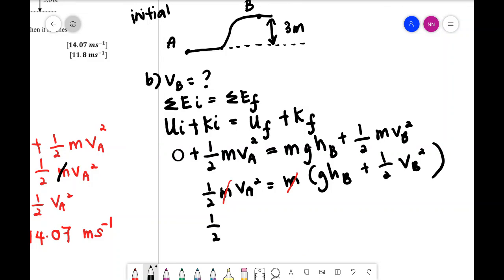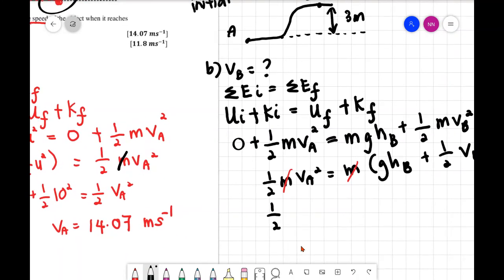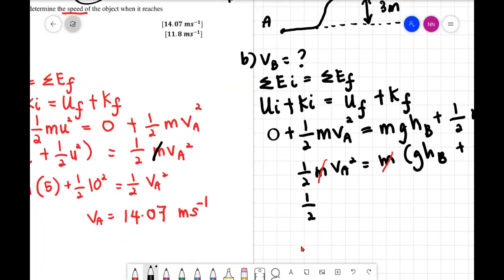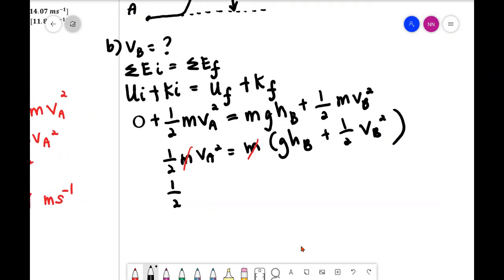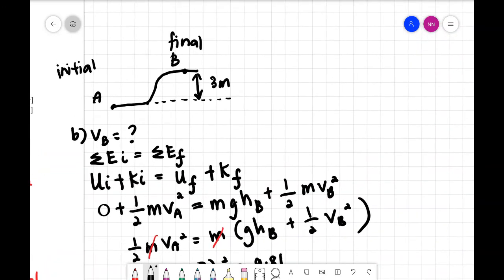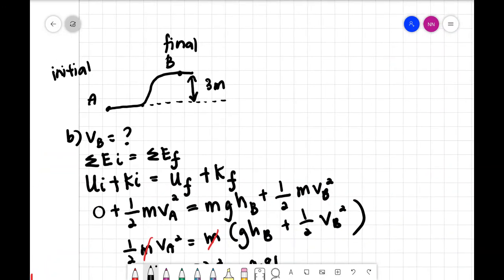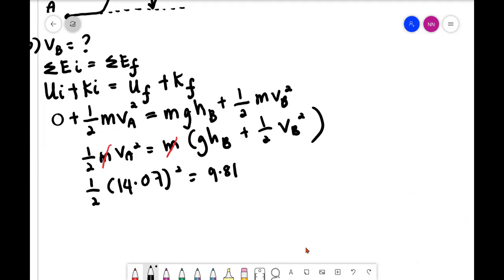VA squared is from question A, it is 14.07. g is 9.81. Height at point B is 3 meters. And then plus half VB squared, where VB is the unknown that you have to find.